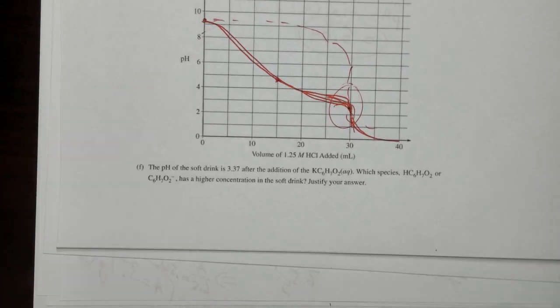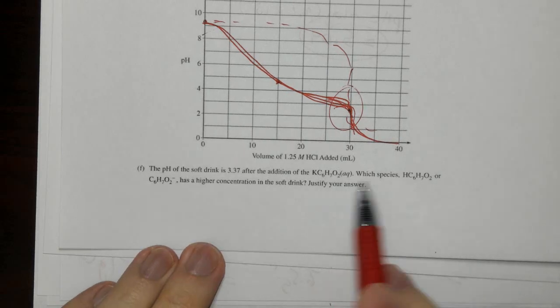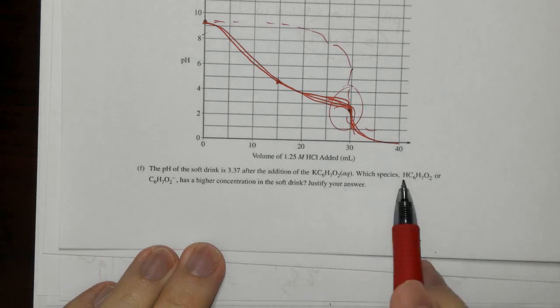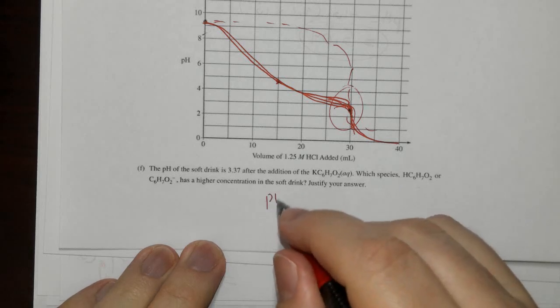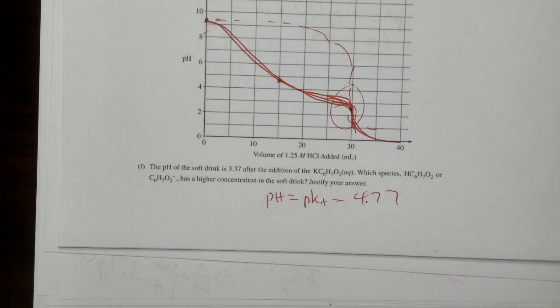Alright, well, let's finish off part F here. The pH of the soft drink is 3.37 after the addition of potassium sorbate. Which species, sorbic acid or sorbate, has a higher concentration in the soft drink? Alright, so we know that if these two are in a half titration situation, meaning they're equal, then the pH would equal pKa, which would equal 4.77.